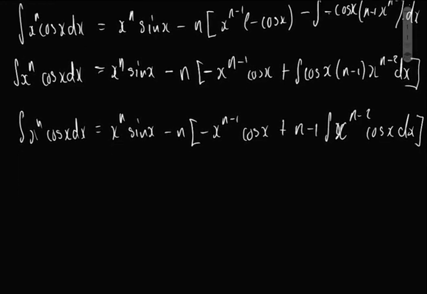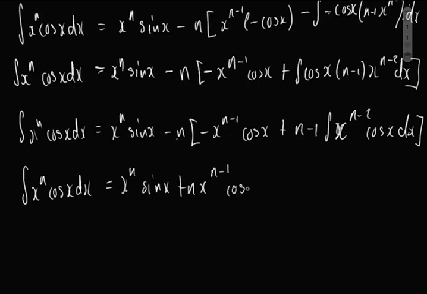If we want to expand by this negative n, we would have therefore the integral of x^n cos x with respect to x is equal to x^n sin x, minus times minus becomes plus, so it's plus n x^(n-1) cos x.